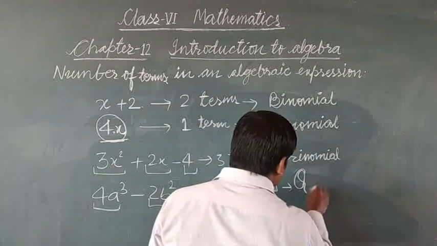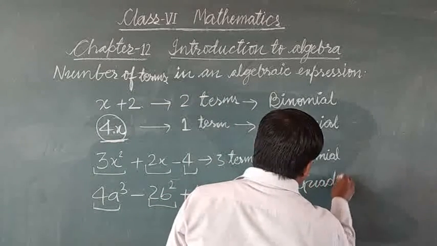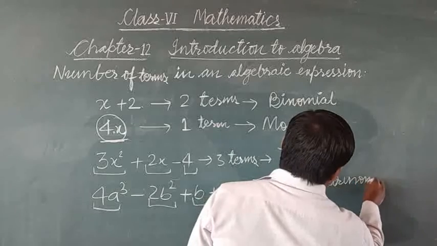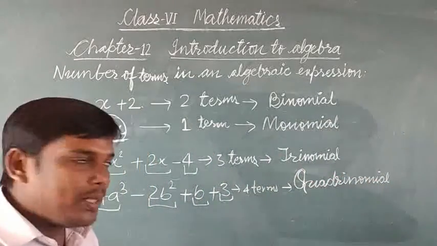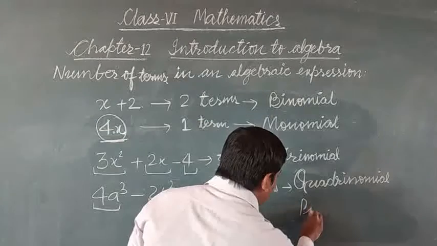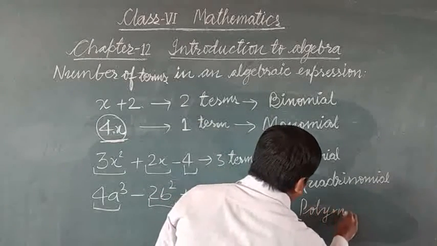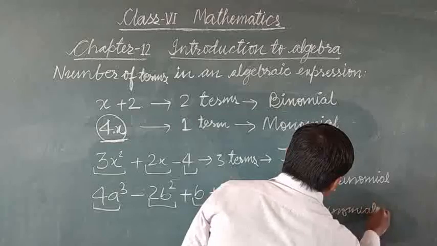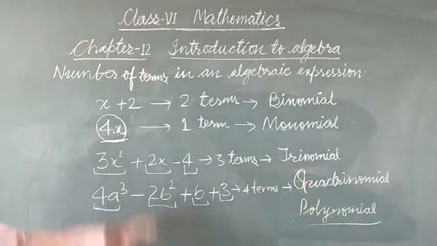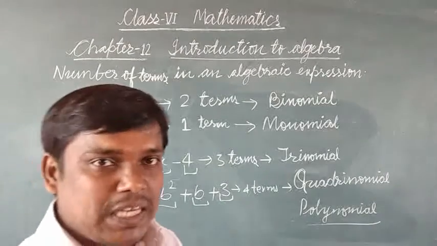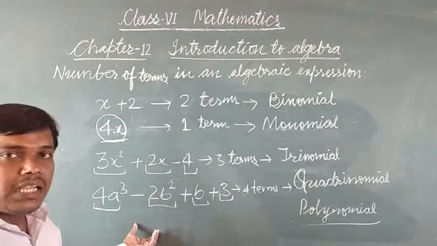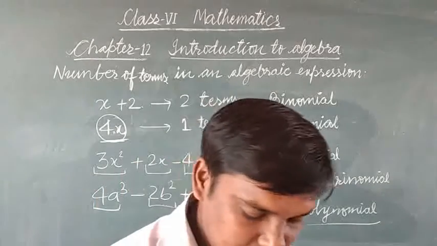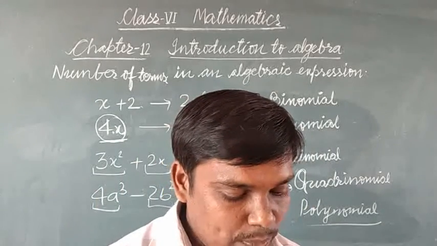Similarly, if there are many terms, it is a polynomial. In this way we can write the name of the algebraic expression by seeing the number of terms in the expression. I hope it is clear to you.